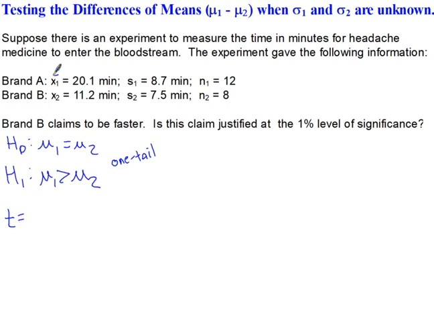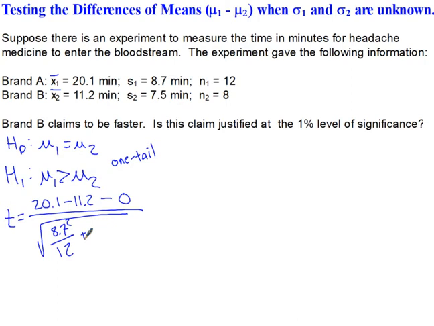I think these got lost in translation, but those should be x bars. So 20.1 minus 11.2. Okay, that's going to be minus basically 0 because they're going to be the same. The square root of your standard deviations of 8.7 squared over 12 plus 7.5 squared over 8. Okay, so numerator 20.1 minus 11.2, so that's 8.9.